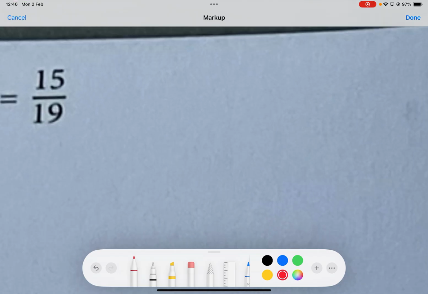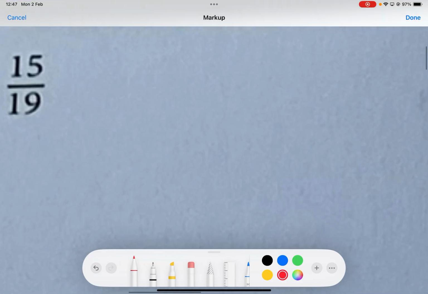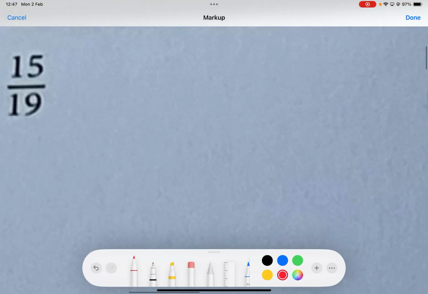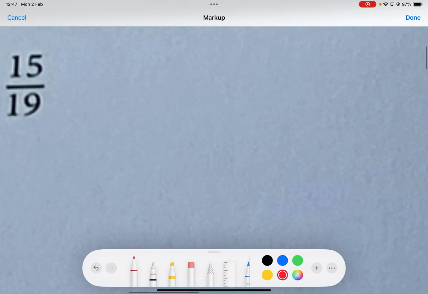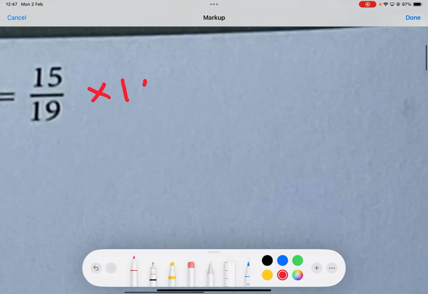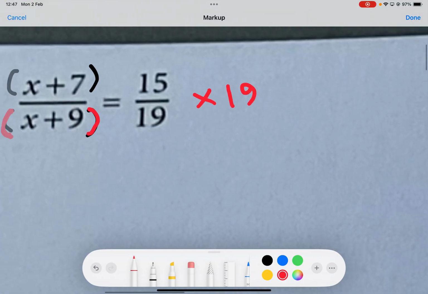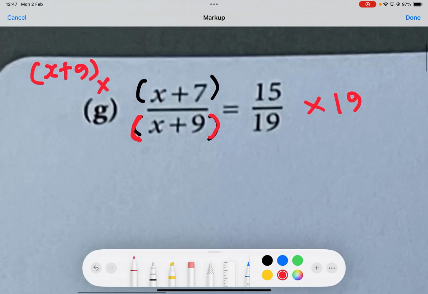Xingning, now my right hand side got a fraction also. If I don't want the 19, what can I do? Yes, times 19, very good. Because I want to multiply this bracket to the left, I want to write the next equation.